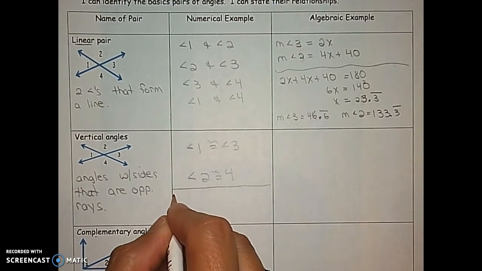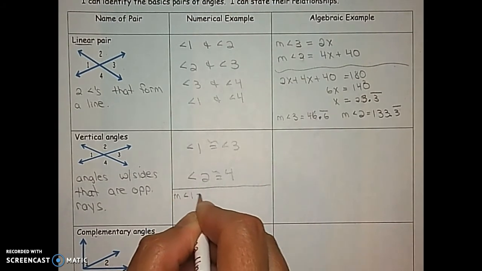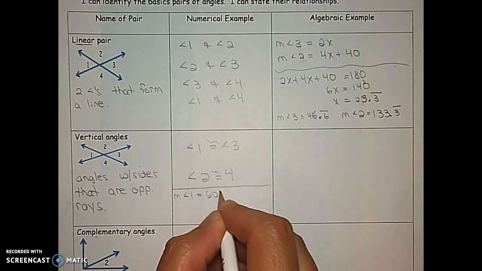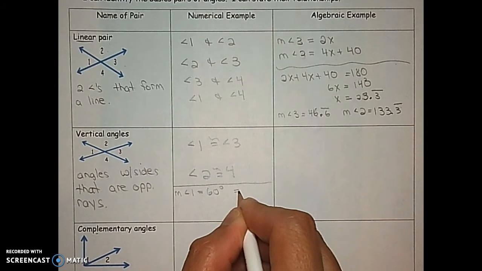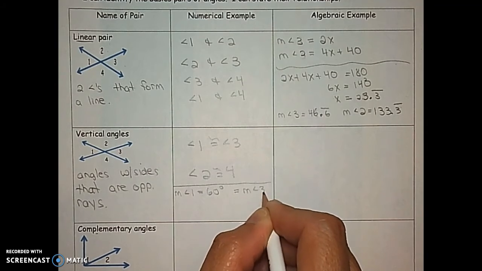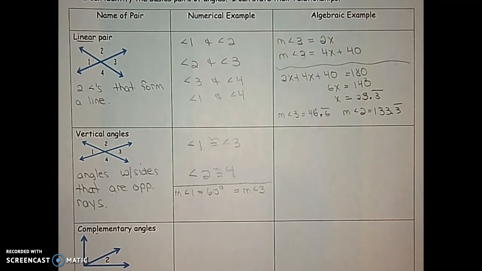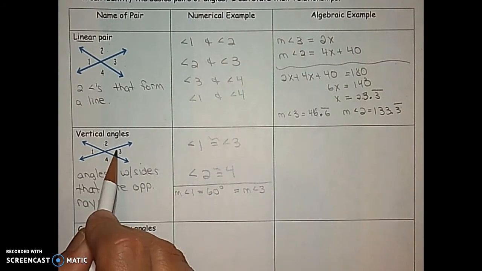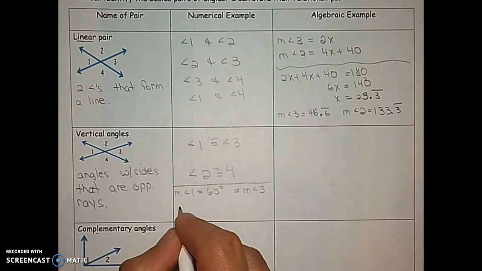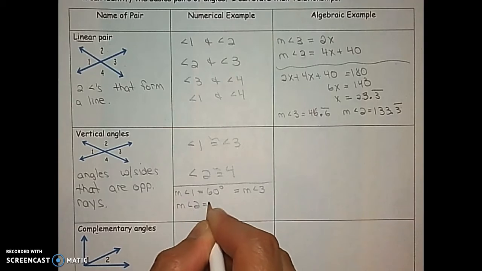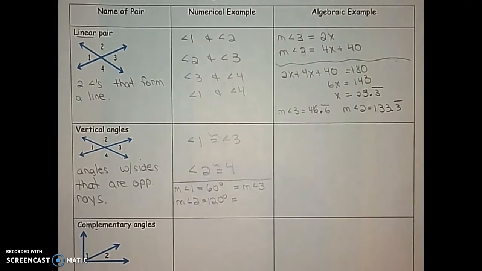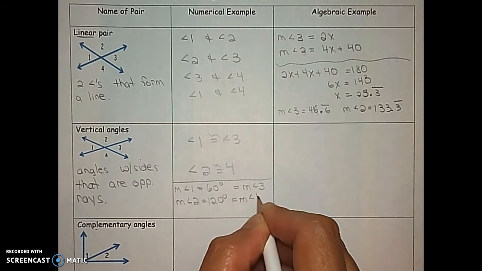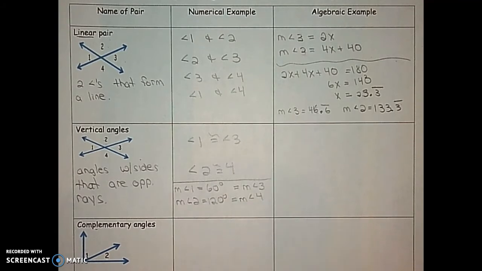So for example, if I know the measure of angle 1 is equal to 60 degrees, that means in turn, I know the measure of angle 3 is equal to 60 degrees. And if this is 60 degrees, then I know these two form a linear pair. So that means the measure of angle 2 would equal 120. And in turn, that means the measure of angle 4 is also equal to 120.